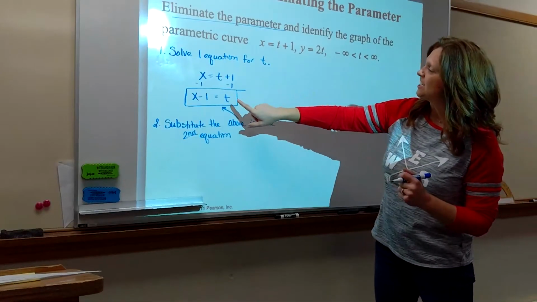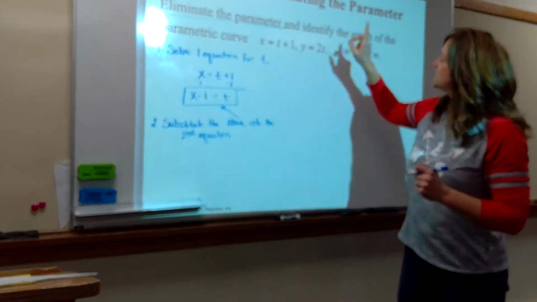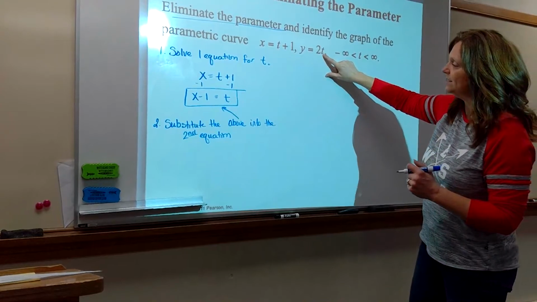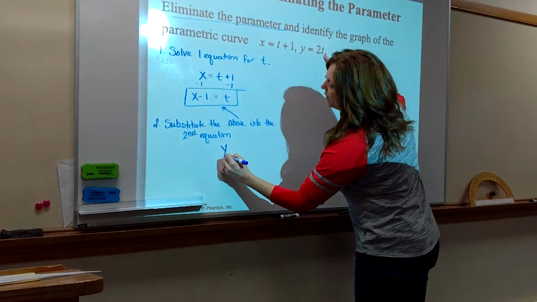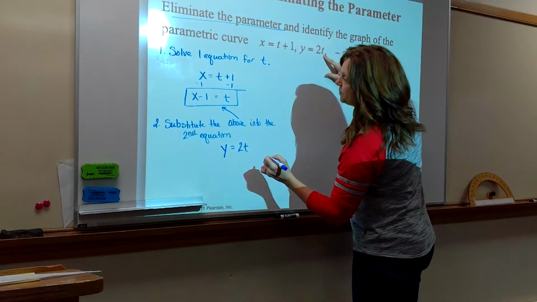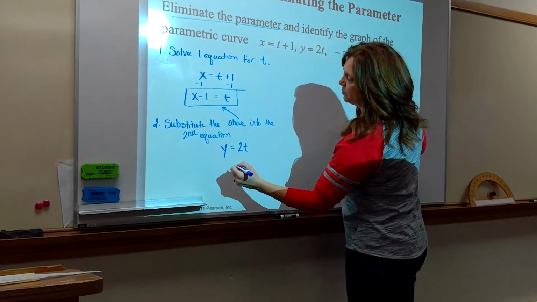So I am going to take this x minus 1, it's now t, and I'm going to plug it right in there. So I have y equals 2t, and I will replace t with x minus 1.